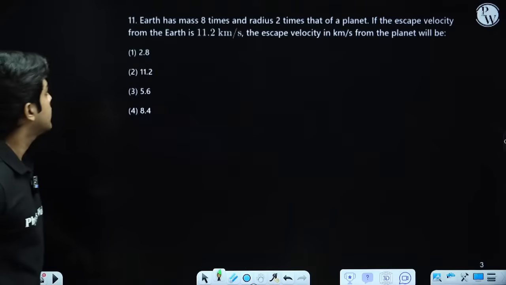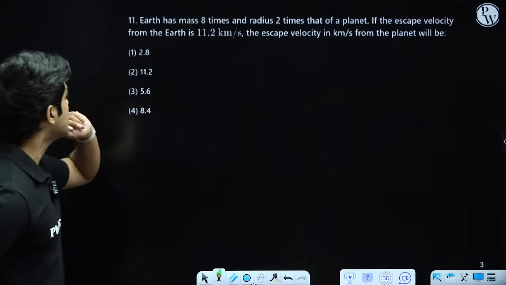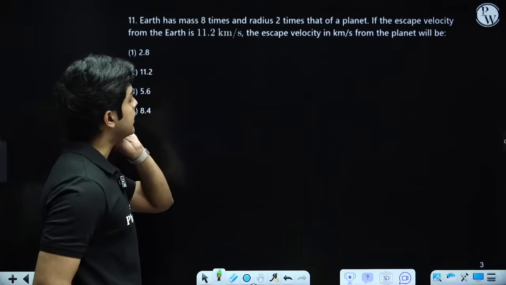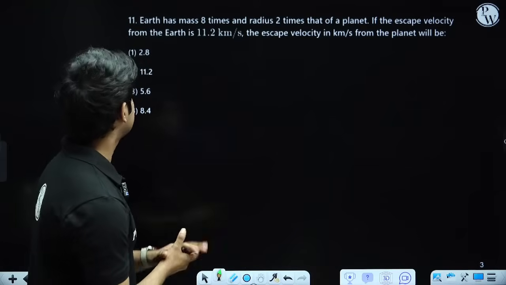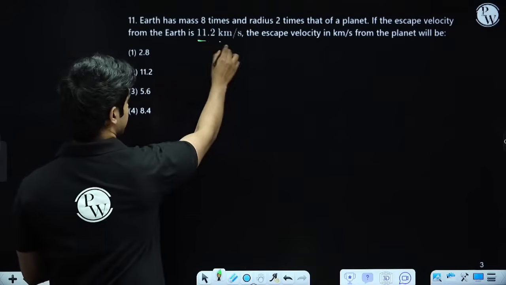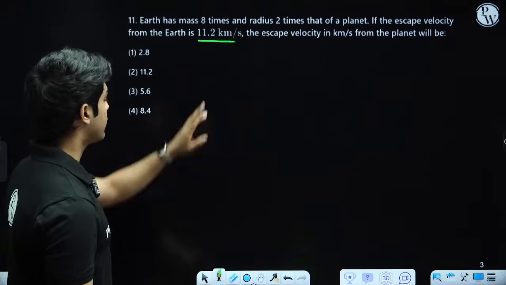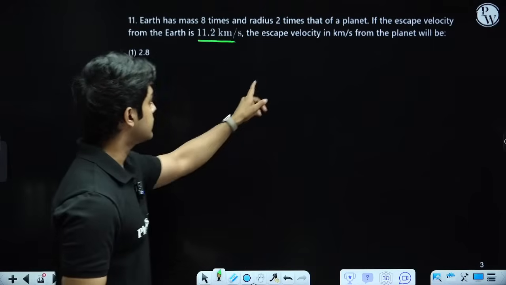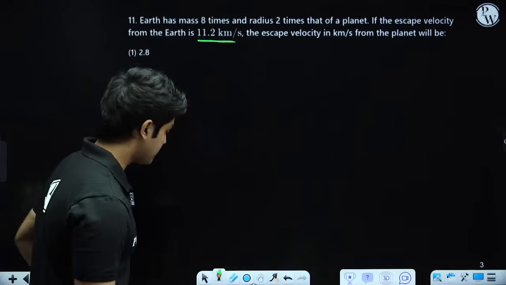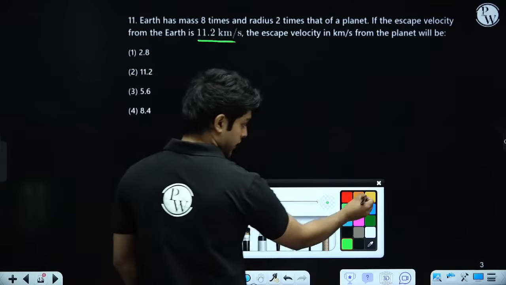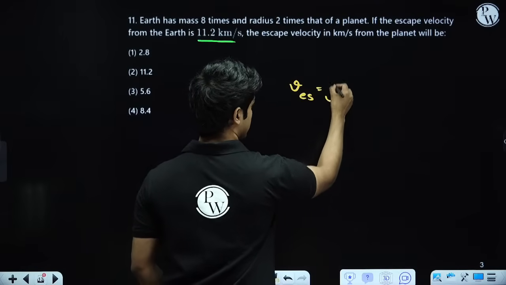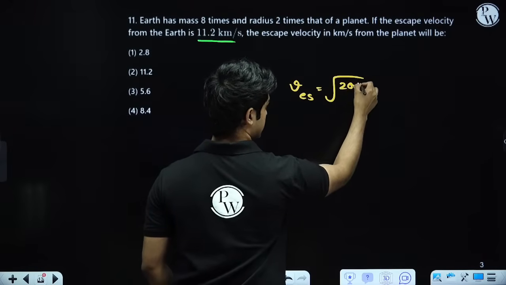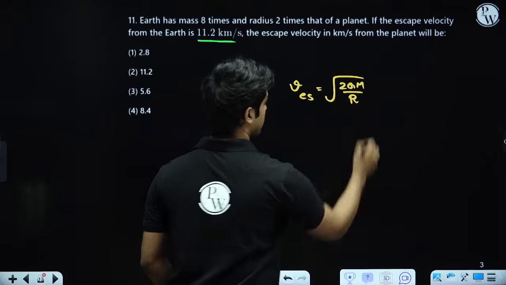So moving on, Earth has mass 8 times and radius 2 times that of a planet. If the escape velocity from the Earth is 11.2, this is the famous result, 11.2 kilometer per second, the escape velocity from that planet would be. So the formula of escape velocity is square root of 2GM by r, okay?